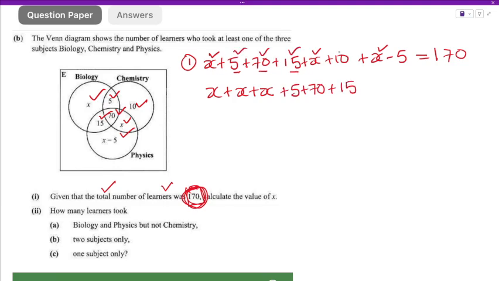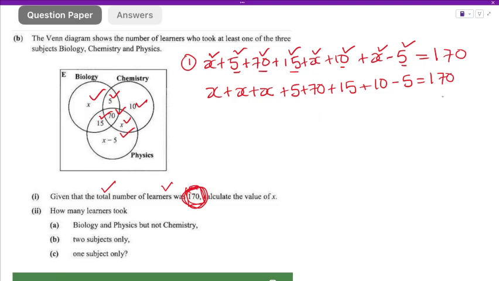Then I'm remaining with 10 and minus 5. So plus 10 minus 5 is equal to 170. Make sure you don't leave out a value here. Remember, I said the value of x is very, very important. You mess up there, you mess up everywhere on this question, you get a 0.